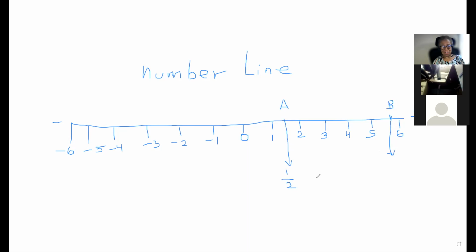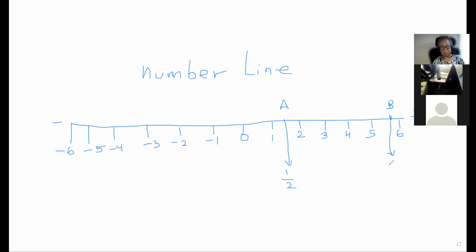That's a fraction. So between these whole numbers, you have fractions, right? Since I had it about halfway between 1 and 2, that means that number is the fraction 1/2. Now, what about here between 5 and 6? What would you call that point? A half. Well, it's past the midpoint. So about what would you call it? Give me a number, a fraction.